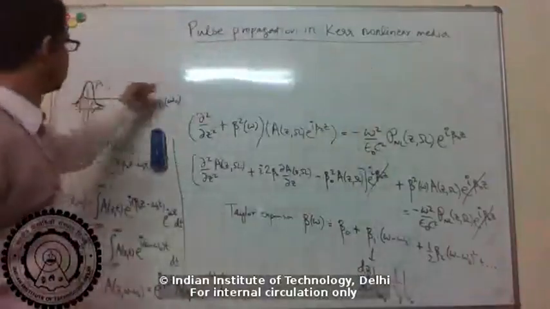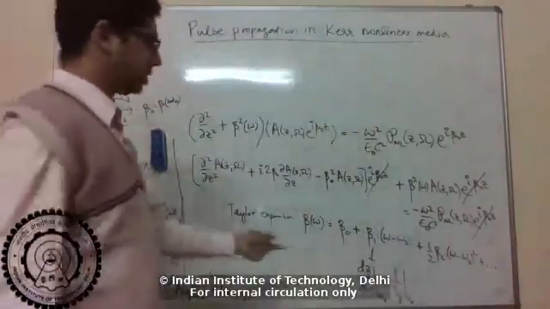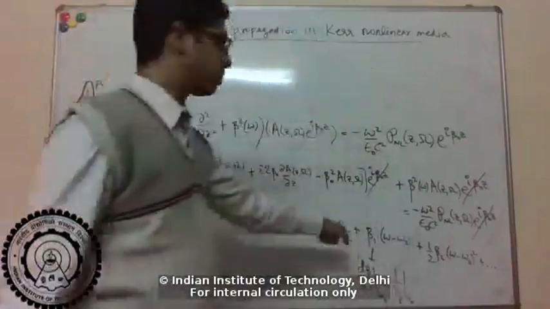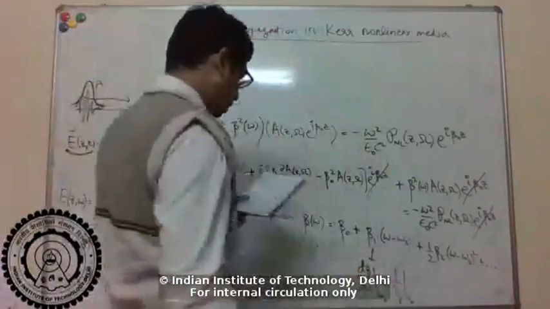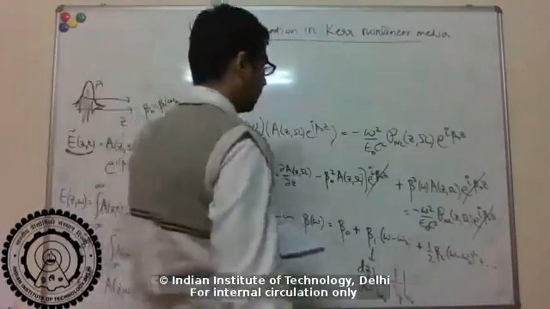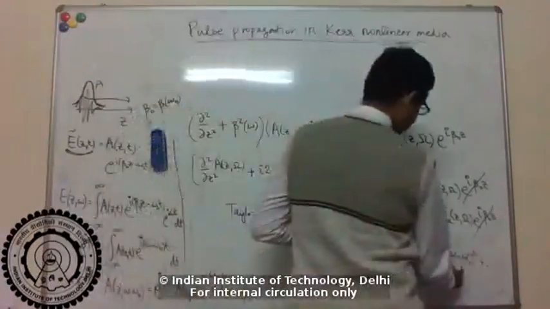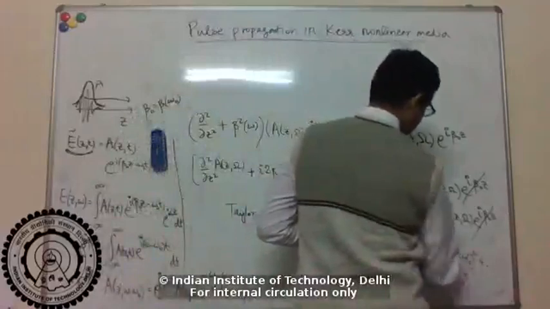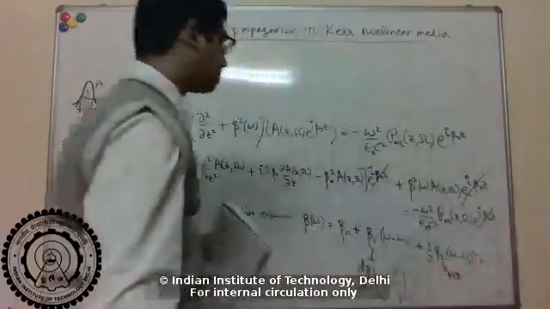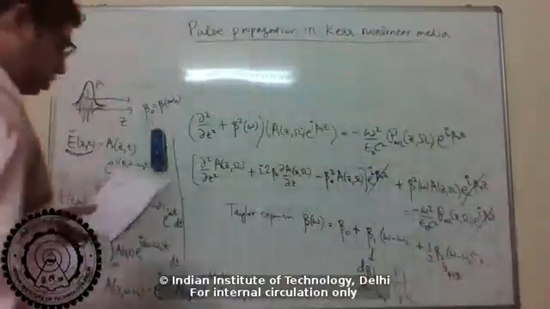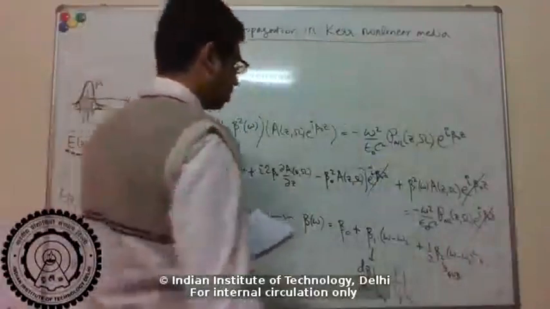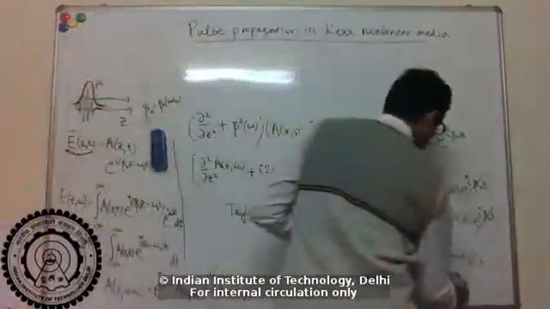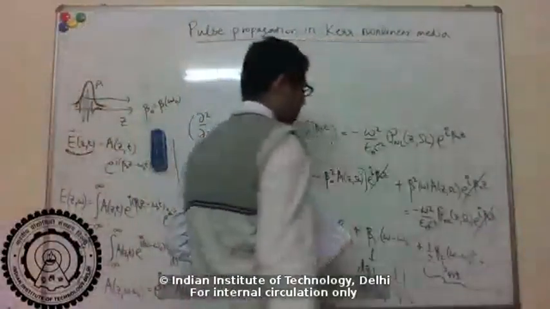So this pulse is moving, the envelope is moving at some velocity, which is vg, right? Which is 1 over beta 1. Right? And then you have higher order terms starting from the GVD onwards. So typically, what you can do is club all the higher order terms starting from the second order.